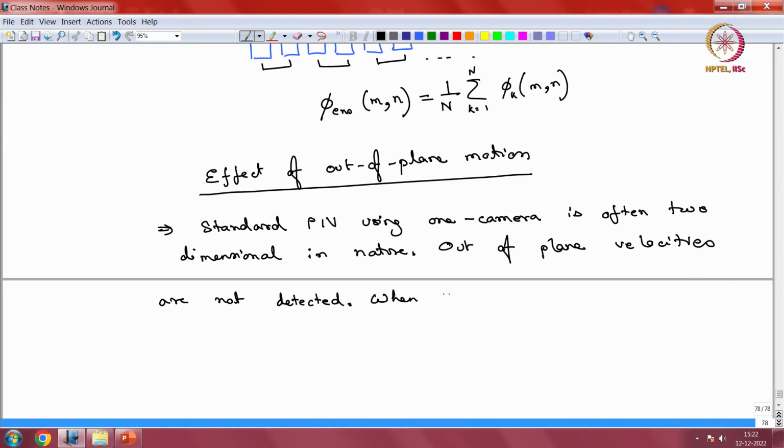And when out-of-plane motion is significant, correlation peak strength diminishes.